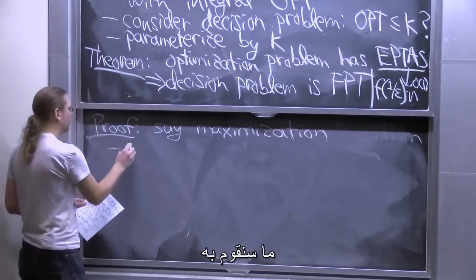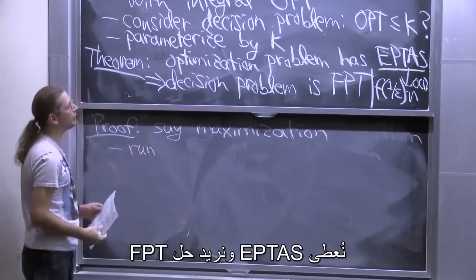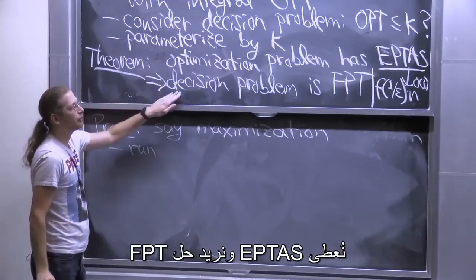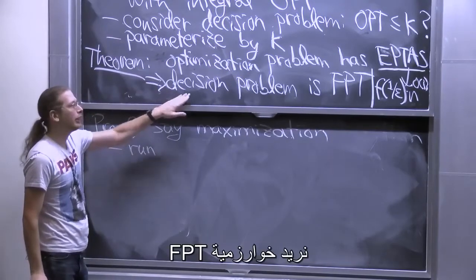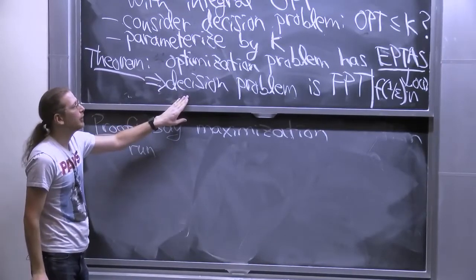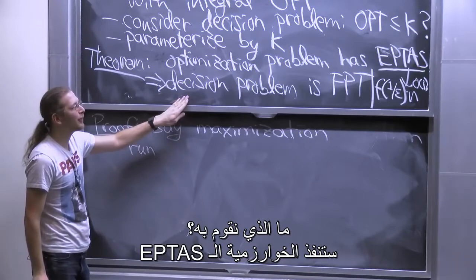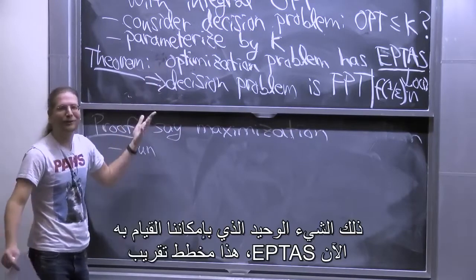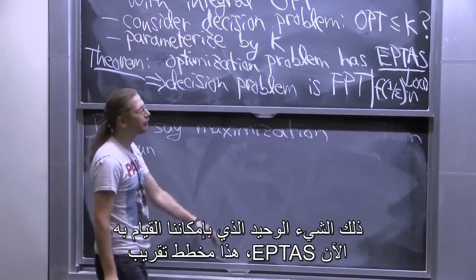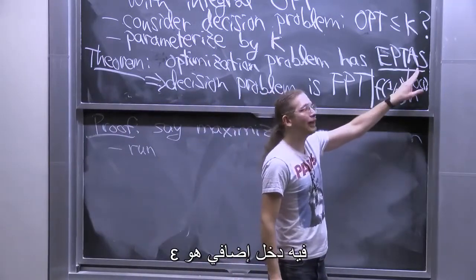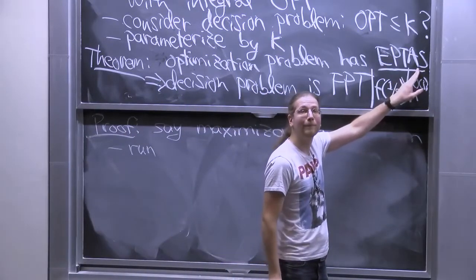Okay, so we're given an EPTAS, and we want to solve FPT. We want an FPT algorithm. So what do we do? Well, the algorithm is going to be to run that EPTAS. That's sort of the only thing we can do. Now, the EPTAS is an approximation scheme. It has an extra input, which is epsilon.